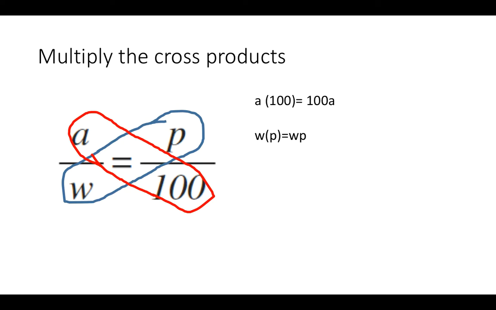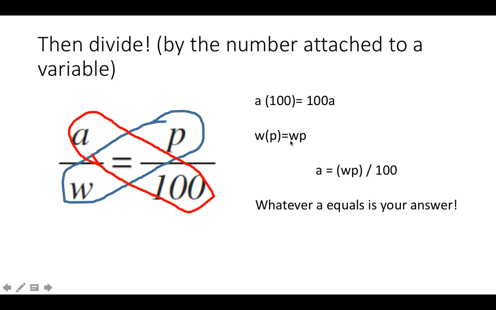What you need to do first is multiply your cross products. So if we go into the red circle, A and 100, A times 100 equals 100A. If we look at the blue cross products, W and P, W times P equals WP. Then we divide by the number that's attached to the variable.